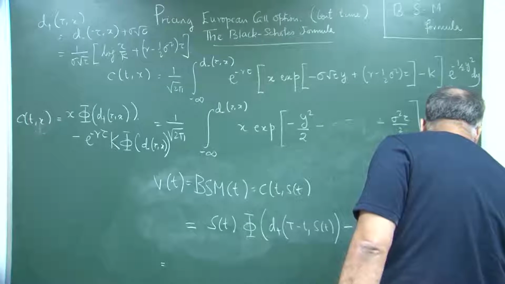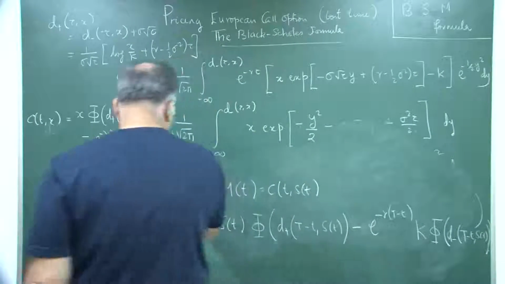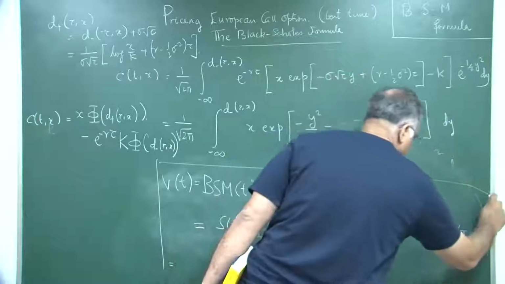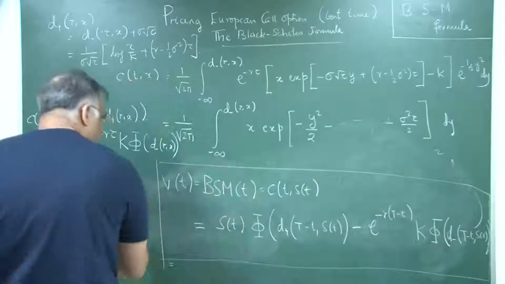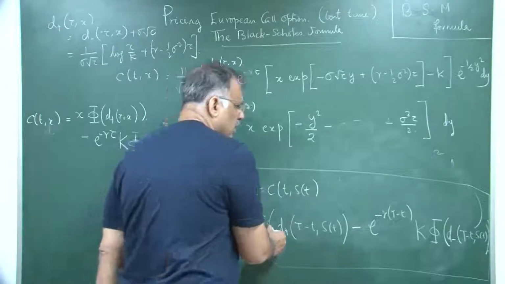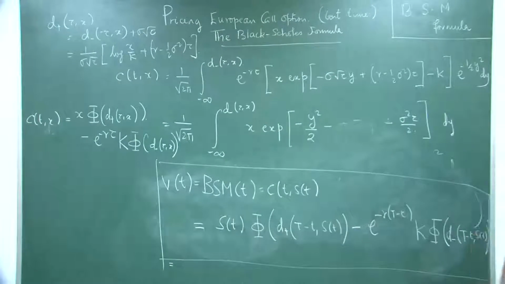So, you are just rewriting this. This is exactly what we required. This is our Black Scholes formula which we have computed. Of course, you have to use the standard normal tables, that does not matter.